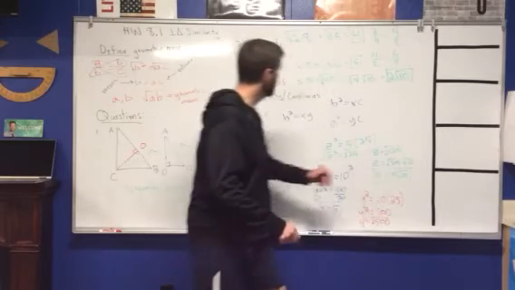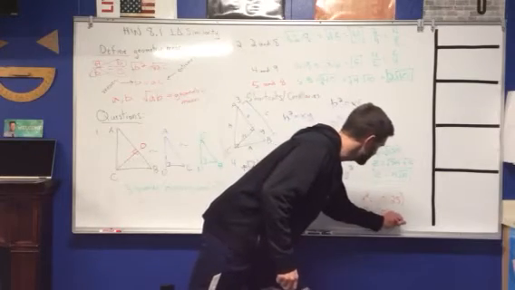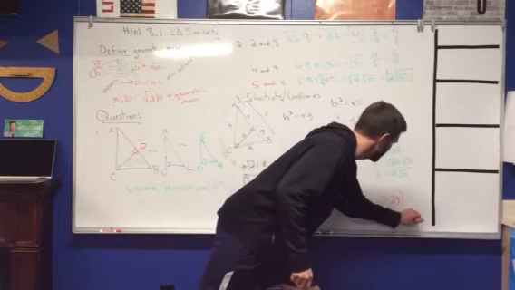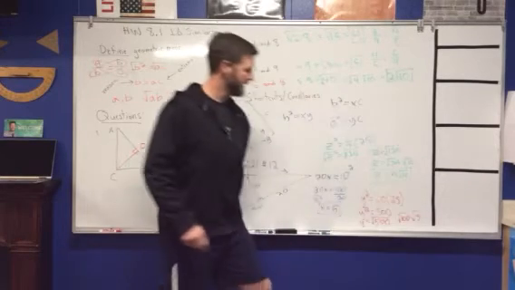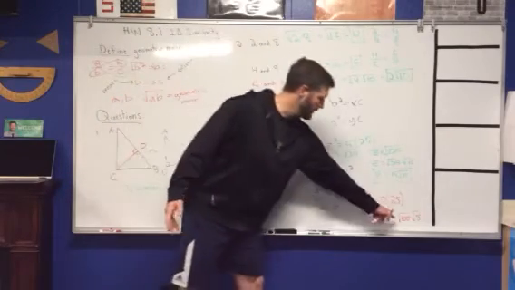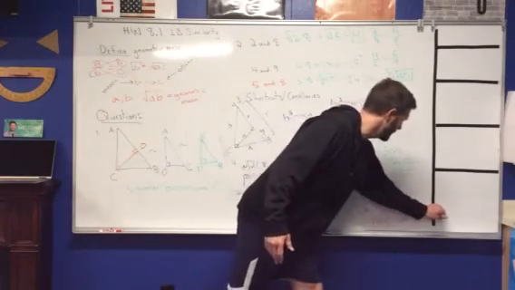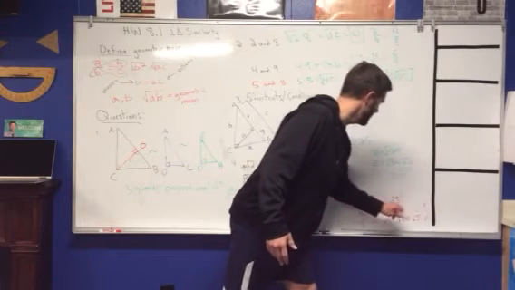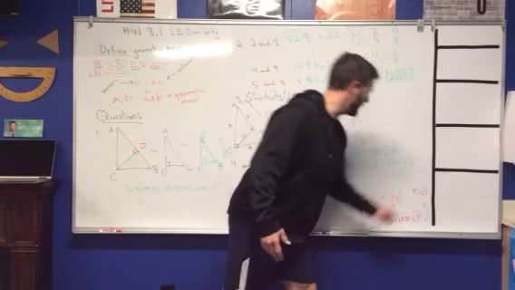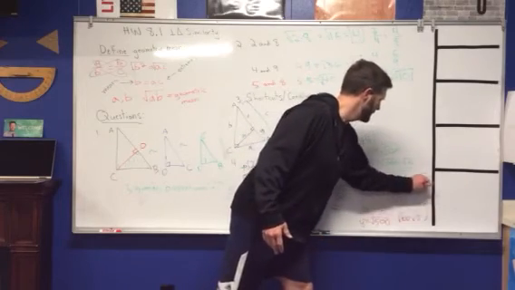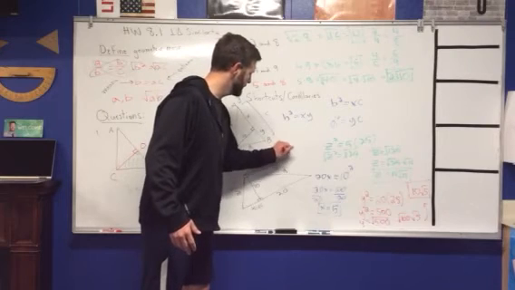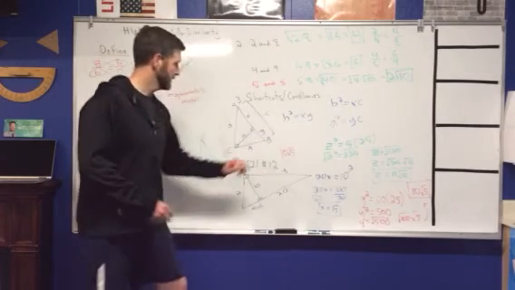So you could think of this as the square root of 100 times the square root of 5. And you can take the square root of 100. You're going to leave the square root of 5 alone. The square root of 100 is 10, so that's 10 square root 5. So that means y here is 10 square root 5.